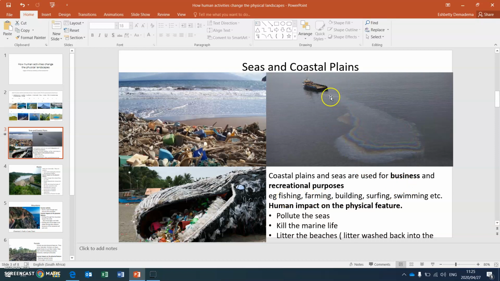And as he goes to sea, can you see what he's leaving behind? His boat maybe has not been serviced, and it's leaving behind a trail of oil. This oil is bad for our marine life. It actually kills our fish. It kills our creatures that we find in the sea.